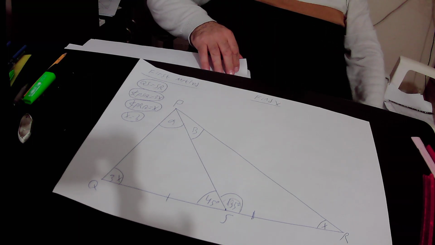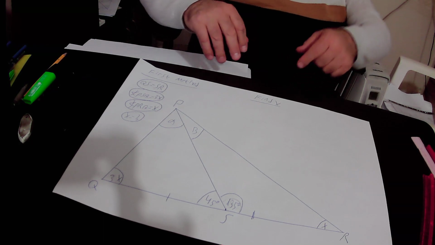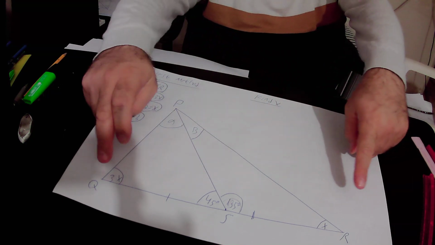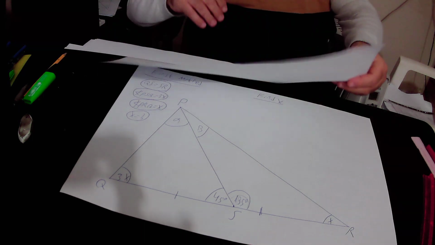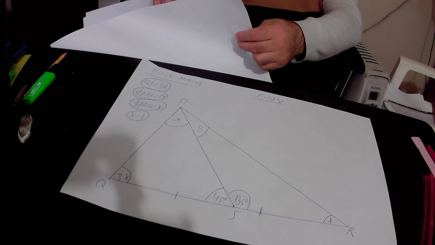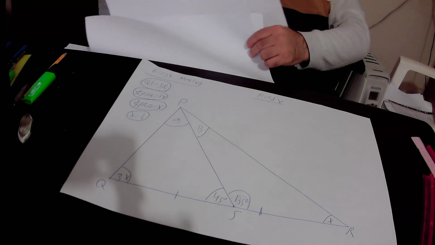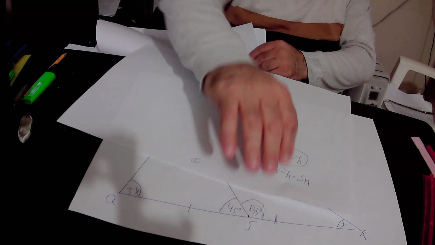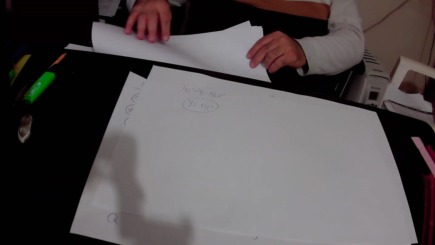We know that the sum of the angles on one side of a straight line must be equal to 180 degrees. Therefore, if we focus on the upper side of the straight line QR at point S, the sum of the angles must be equal to 180 degrees. That is to say, 45 degrees plus angle y must be equal to 180 degrees.